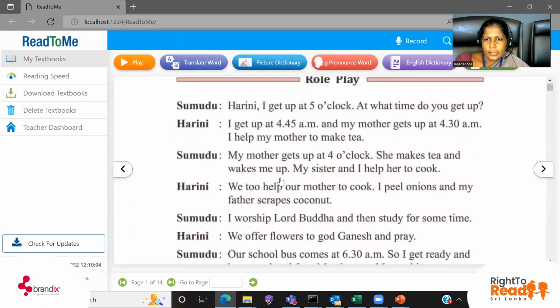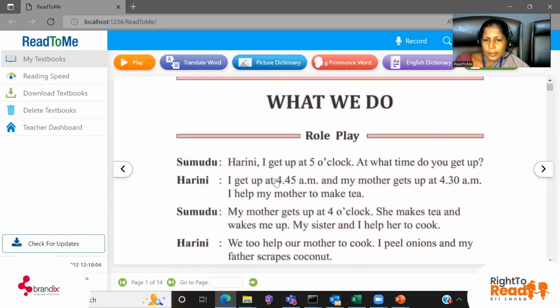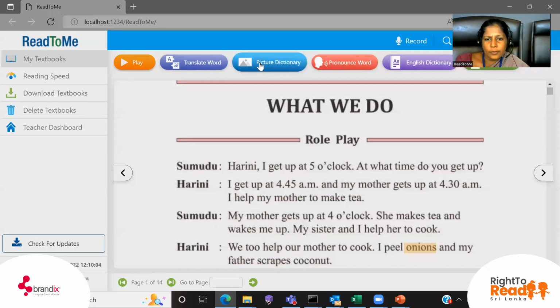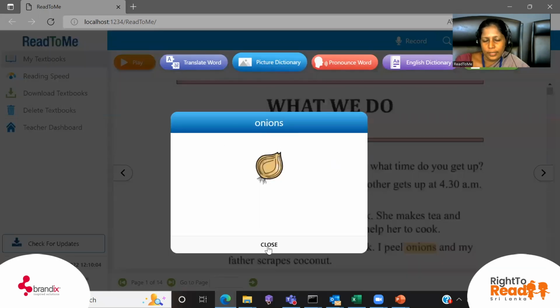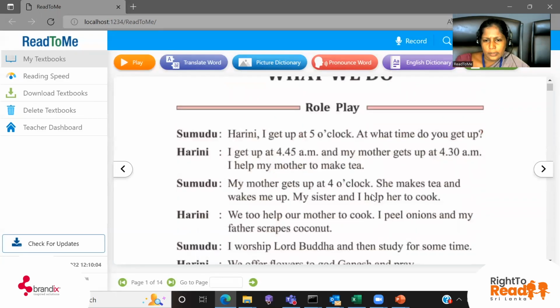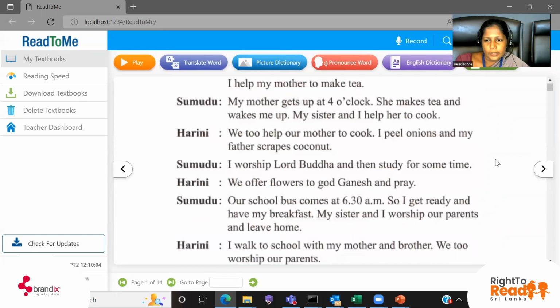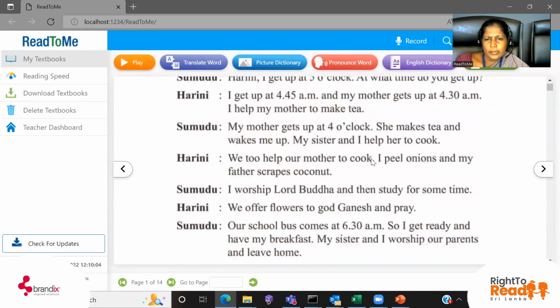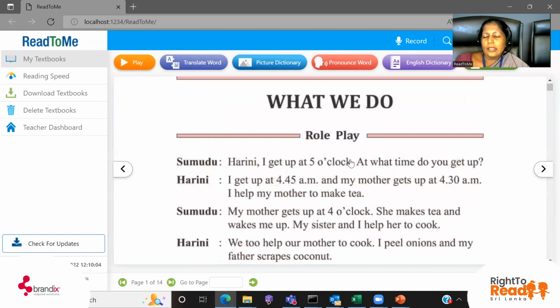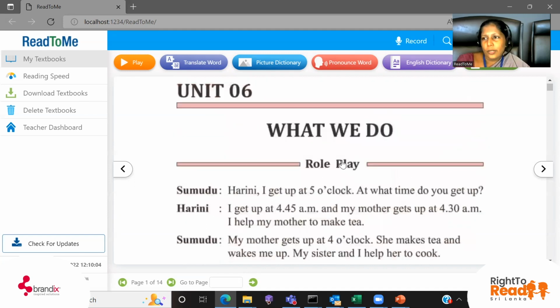So, see, in this lesson, it's a very easy one, right? What do you mean by peel? What do you mean by onion? I have shown you also. Shall we see it in the dictionary? This is onion, right? Yes, it's about onion. And scrapes, of course, you know, I have given you all the details regarding this. So in this unit, we are talking about our daily routine.